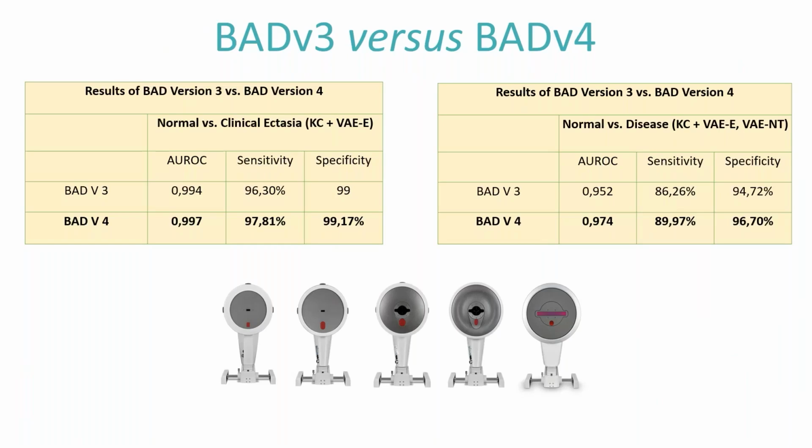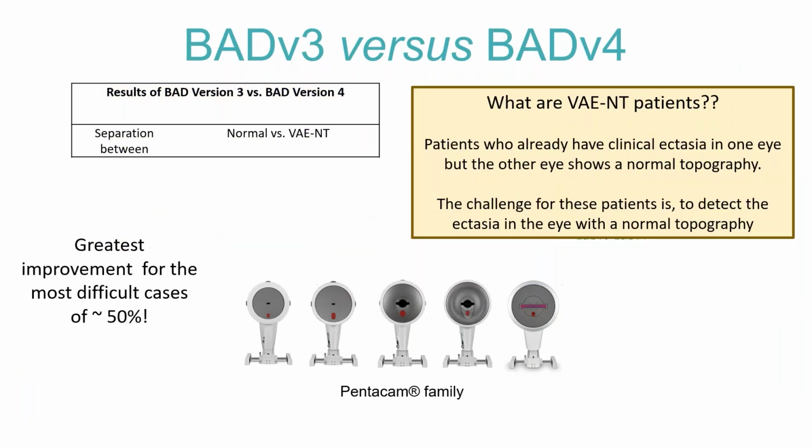That's a really significant improvement. Sensitivity went from 86.3 to 90, and specificity 94.7 to 96.7. So that is really where the major improvement is. The greatest improvement going from version 3 to version 4 was in the most difficult cases, those that we call very asymmetric keratoconus.